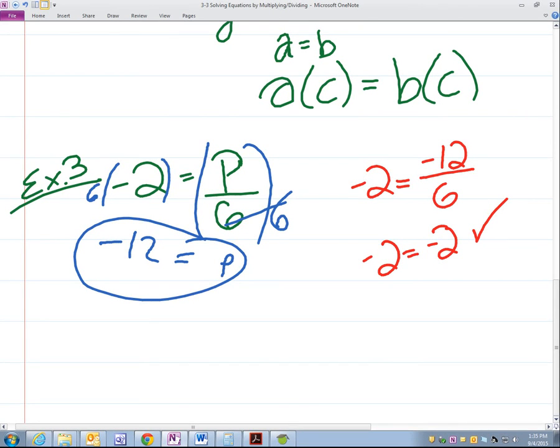Okay. Do you want to see one more division property of equality? It's going to be so similar to the one we already did. Nobody said yes.